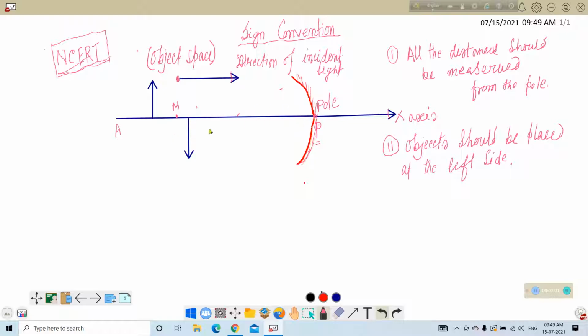So MP is a distance, and this distance should be taken as negative. When measuring the distance of the object, you have to go against the direction of light. This is important.